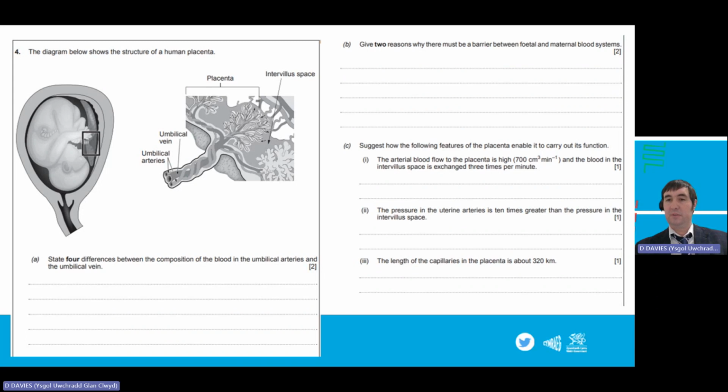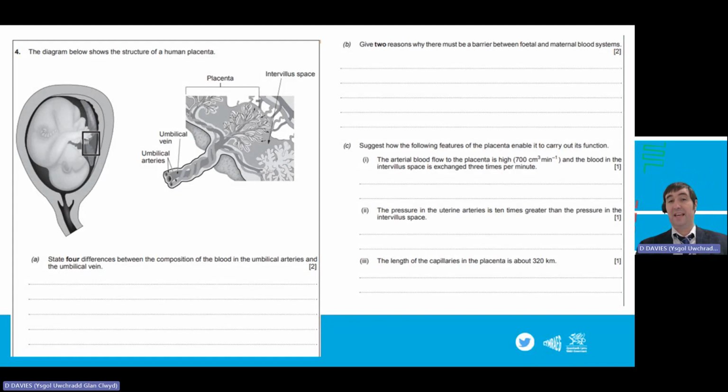The arterial blood flow to the placenta is high, and the blood in the intervillous space exchanges 3 times per minute. Suggest how the following features. Okay, so again, lots of exchange very quickly. Pressure in the uterine arteries is 10 times greater than the pressure in the intervillous space, and the length of capillaries in the placenta is diminished.